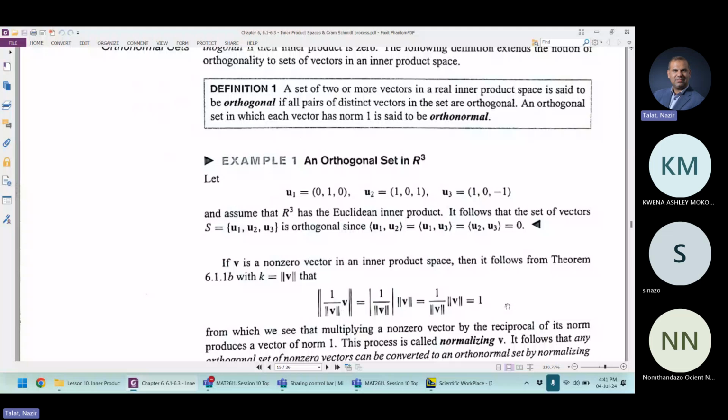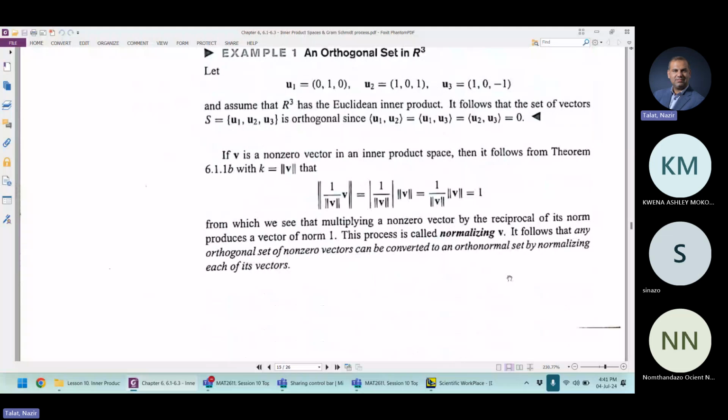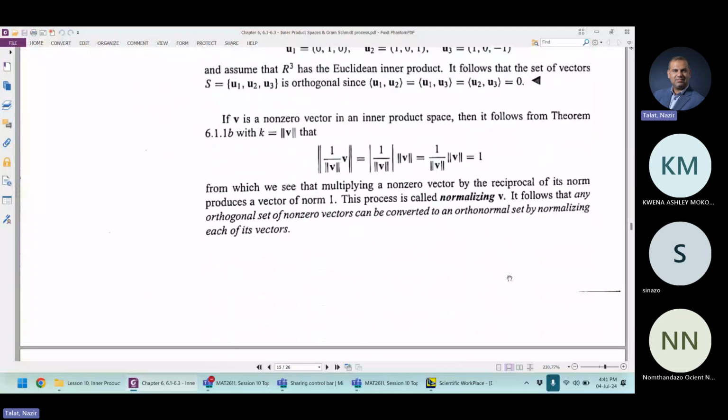A normal vector means a vector whose length is equal to 1. That is, if v is any vector, just multiply by 1 over the norm of v, and we get a unit vector, because if you take the norm of that again, the answer will always be equal to 1. So from any vector we can get a normal vector.